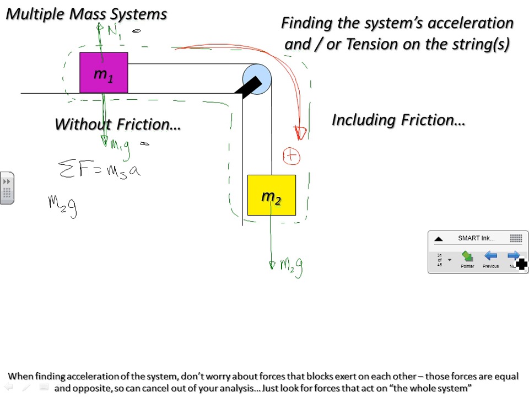Yeah, we have the normal force, but those are perpendicular to the direction of motion of M1, and they're acting on M1, so those do not get included in our net force statement. All right, equals M system times A. How much stuff accelerates? Both of those masses together. We have to use the sum of those two masses. So the acceleration of the system is M2G divided by M1 plus M2.